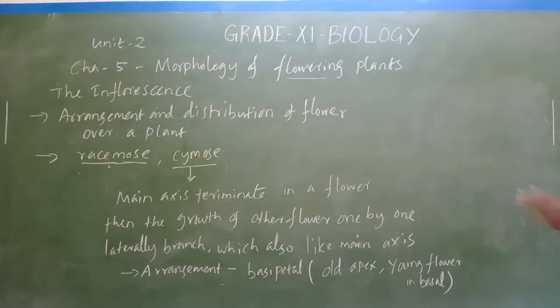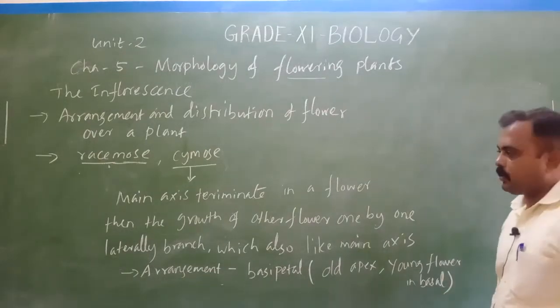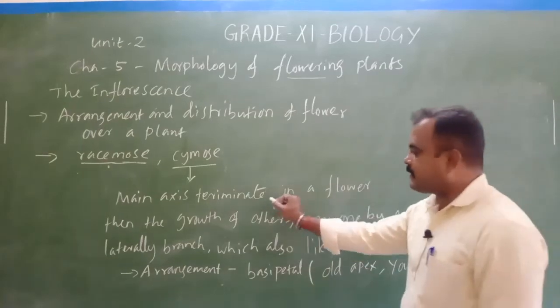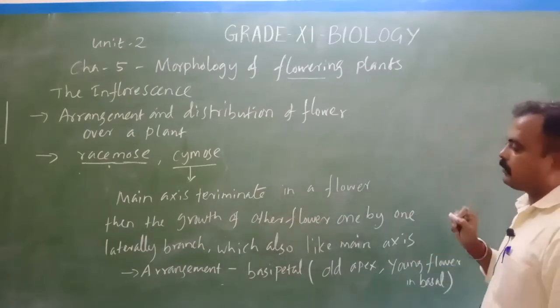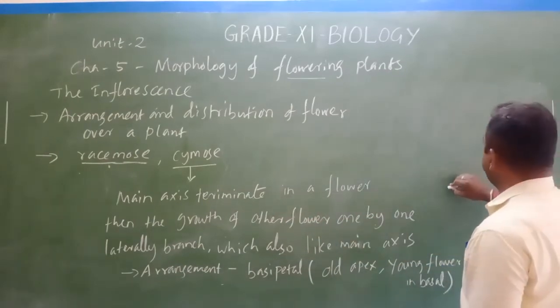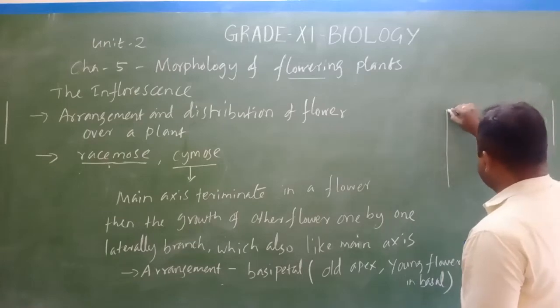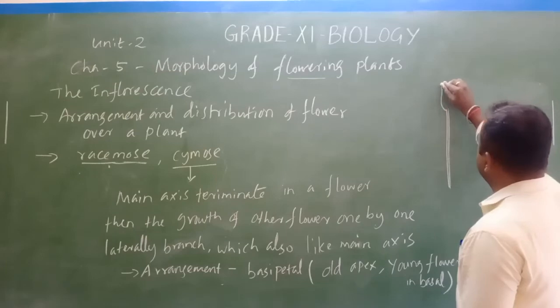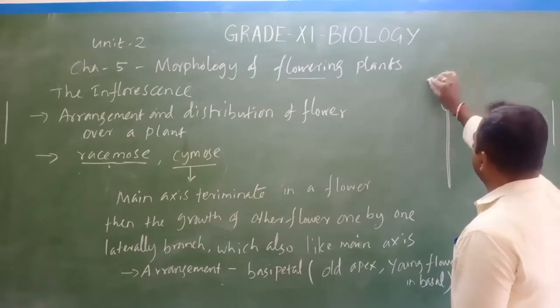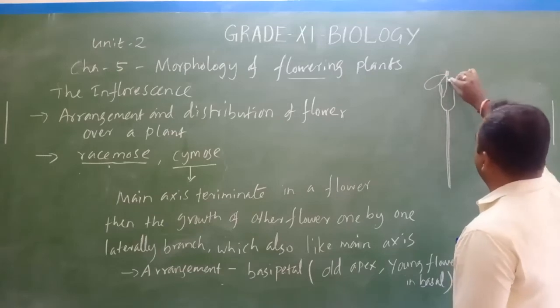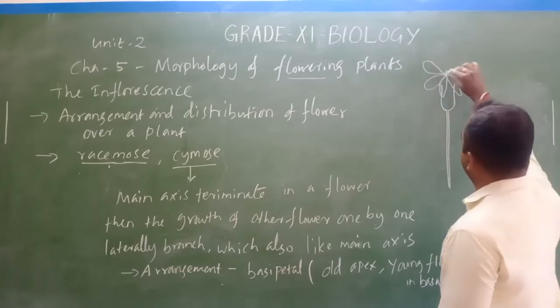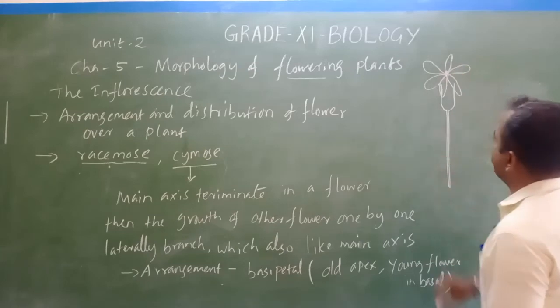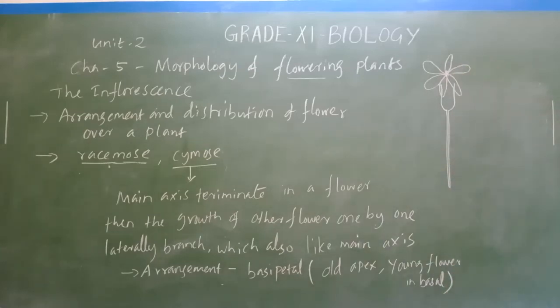So in the cymose inflorescence, the main axis terminates in a flower. You see, the main axis is coming and it is terminated with a flower.